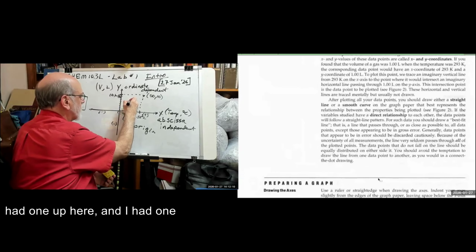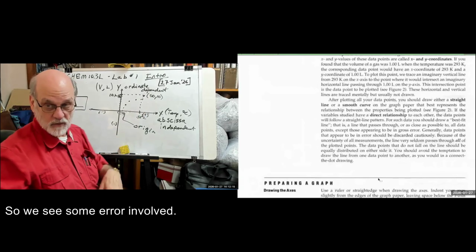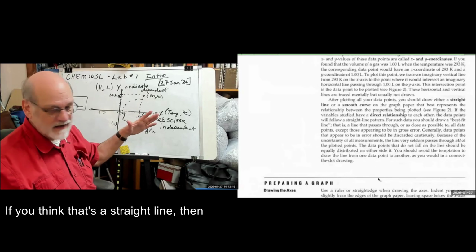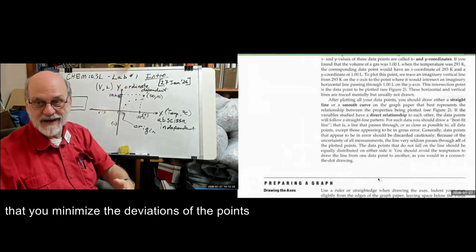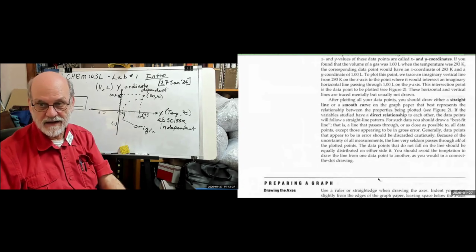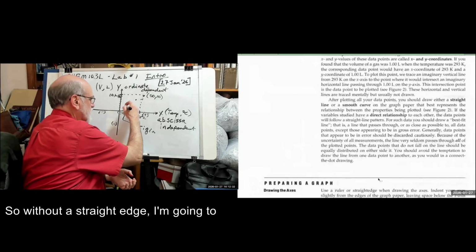Say I had one down here, and I had one up here, and I had one over here. So we see some error involved. If you think that's a straight line, then you want to position your straight edge so that you minimize the deviations of the points from that line. That's a best fit line.